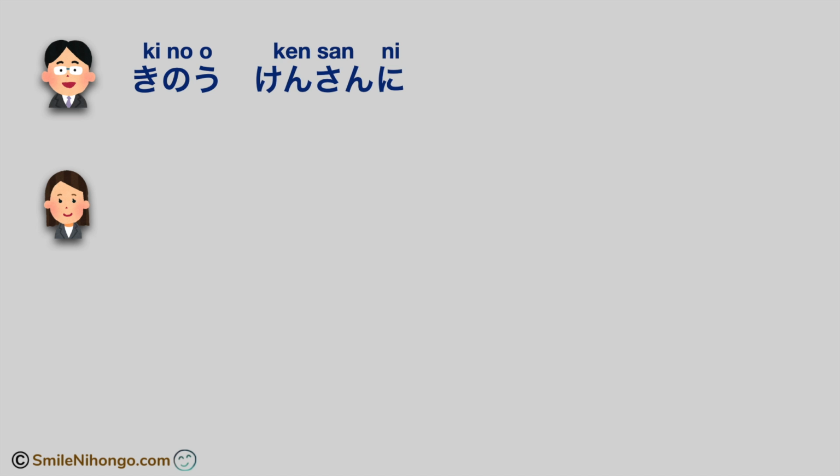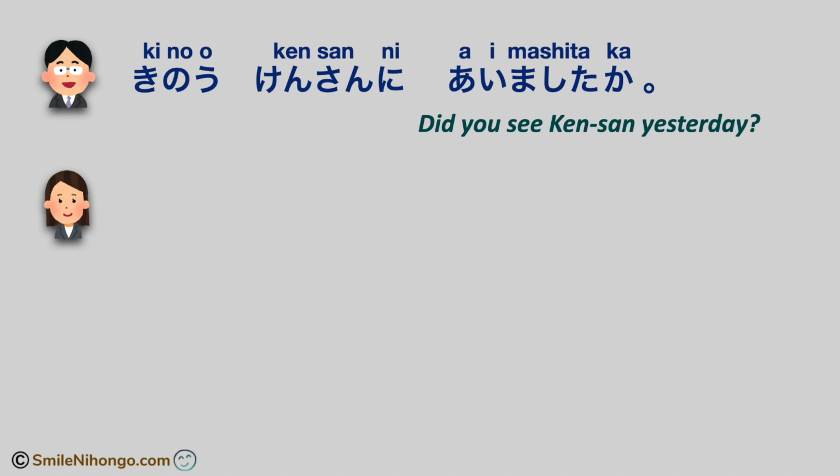Please imagine that two co-workers are chatting in the office. The man asks the woman, 昨日、ケンさんに会いましたか？ He's asking about yesterday, which is the recent past.